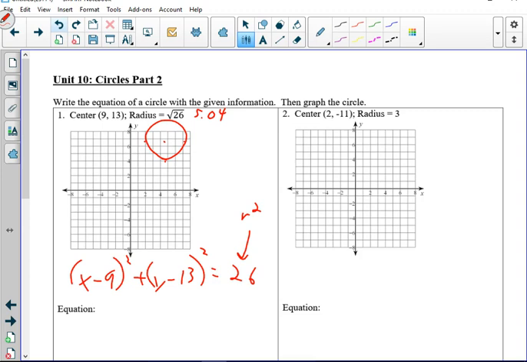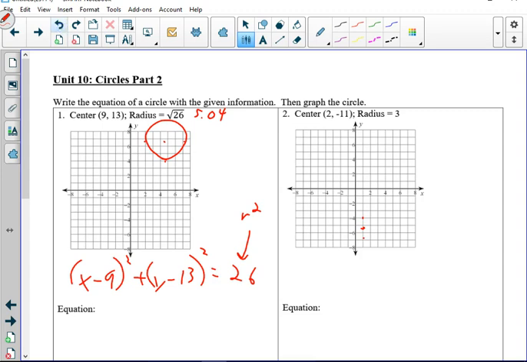Okay, 2, negative 11. So I'm going to go over 2, down 11: 2, 4, 6, 8, 10, 11. So it'll be right in the middle there. And the radius is 3, so 1, 2, 3.